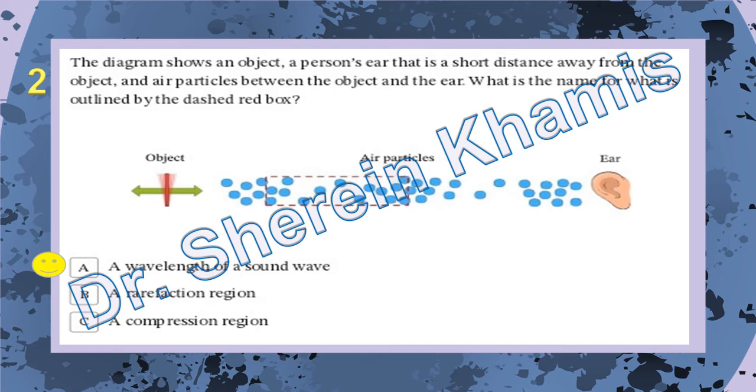The wavelength is the distance between the centers of two successive compressions, or between two successive rarefactions. So we can measure the wavelength of the sound wave. Okay, let's go into question 3.